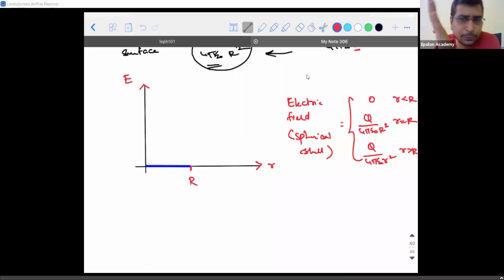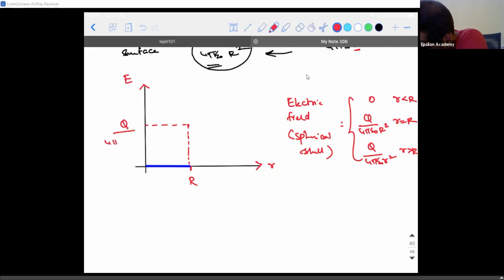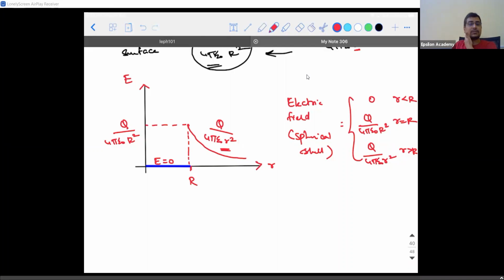Correct? Just before capital R. Exactly at capital R, what is the value? It is Q divided by 4 pi epsilon naught R square. So it will be somewhere over here, and its value is Q divided by 4 pi epsilon naught capital R square. Here E is 0. After capital R, the electric field will decrease like this, and its equation is Q divided by 4 pi epsilon naught small r square.